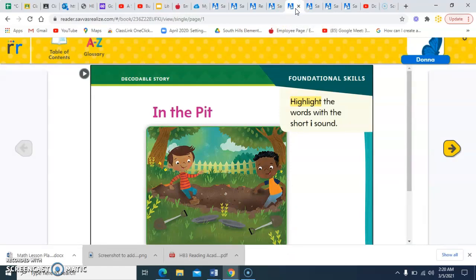Next, I have a book that we were practicing in class and just reviewing. And first I'm going to play just the story. I'm going to turn the pages and just let you try to see if you can read the book without me reading it first. And here we go. And if you notice, it's going to focus on the sound that we did yesterday for letter I. Here's the title. Look at what they're doing.